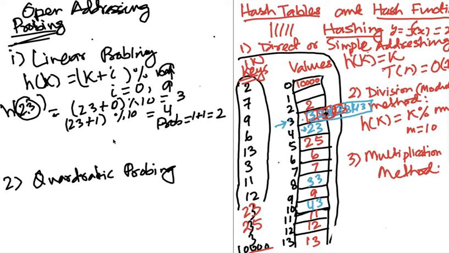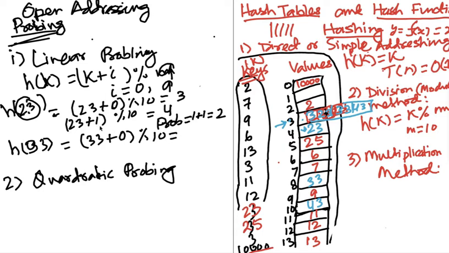Then for h of 33, 33 plus 0 mod 10 equals 3, which is already occupied, so it does not work. Then i equals 1 gives the fourth position, that is also occupied, so it will not work.